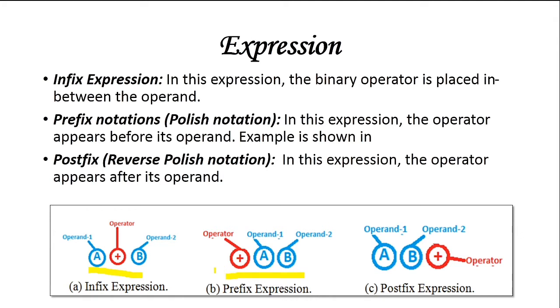So I can call such expression a prefix expression. And in the postfix expression, the plus comes after A and B. So if the operator comes after two operands, then I can call it a postfix expression. There is one more name for prefix and postfix expression: Polish notation and reverse Polish notation.